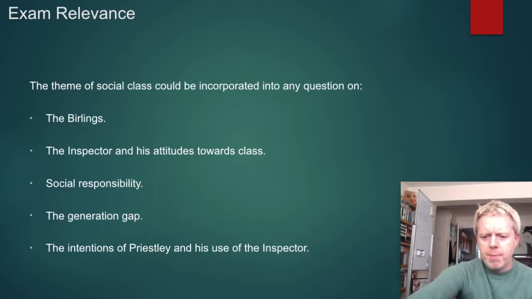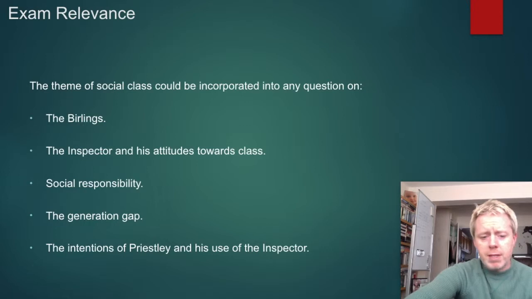Now, how could you incorporate this into an exam question? Well, any exam question that comes up on the Birlings, the inspector and his attitude towards the class, and what he reveals about the Birlings' attitude towards the lower classes is significant. Priestley's belief in social responsibility, the inspector pushing that belief further and challenging the Birlings', or Arthur's and Sybil's, selfish attitudes primarily.